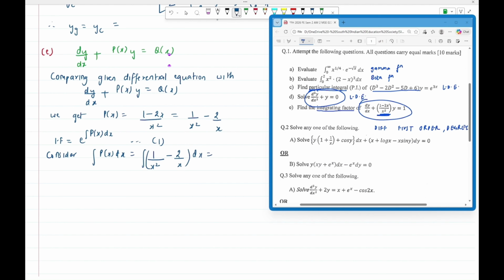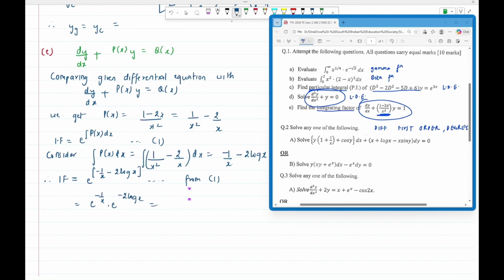Now the integral of 1 over x square is negative 1 over x, and for this it is going to be 2 times log of x. So therefore the integrating factor is e raised to negative 1 by x minus 2 times log of x, and this follows from equation number 1. So we can break this as e raised to negative 1 by x times e raised to negative 2 log x.